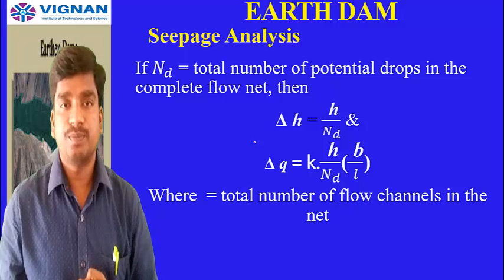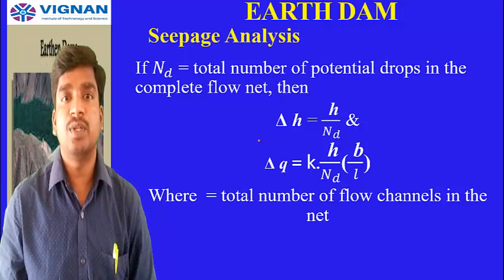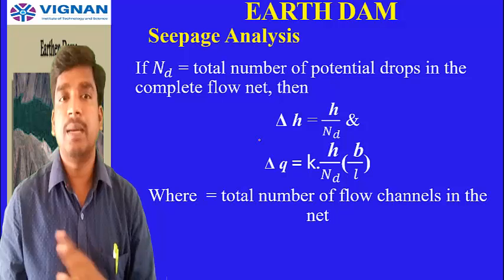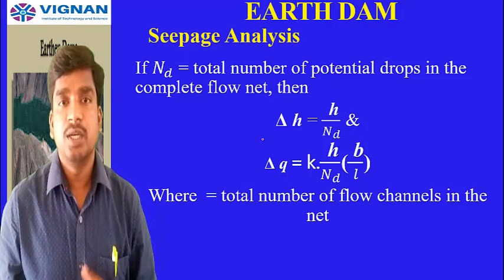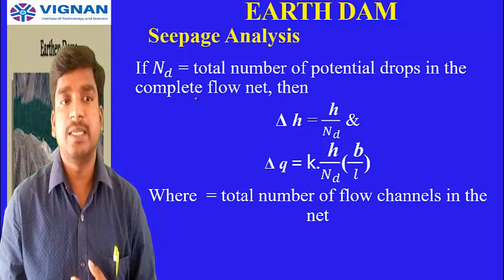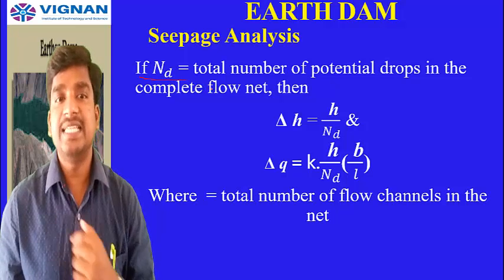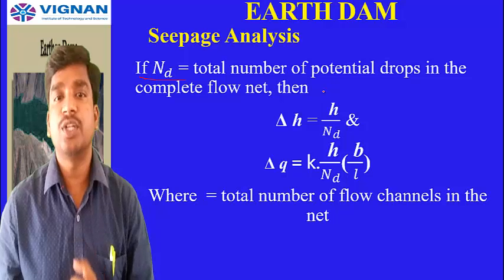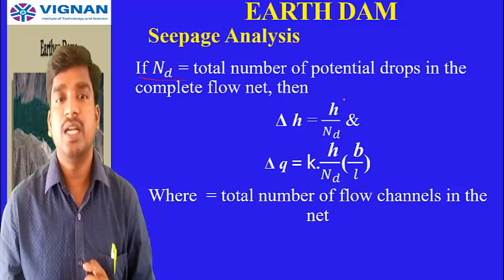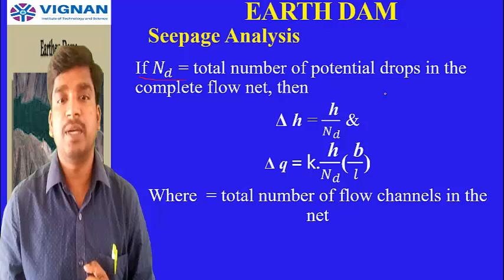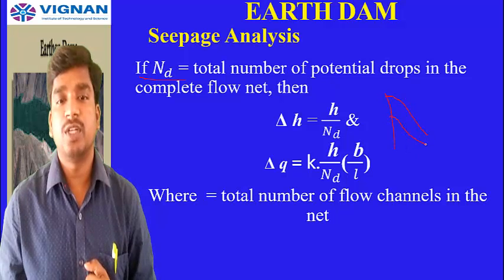Okay, suppose there are some number of equipotential drops, some number of fields. Suppose ND is the total number of potential drops in a complete flow net. Let us assume these are the different potential drops.